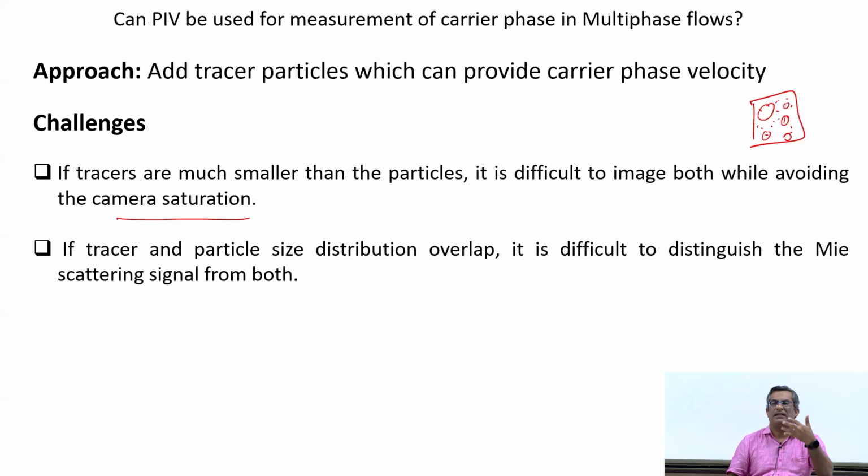Each camera has some dynamic range. Let's say a 12-bit camera: the intensity values can range from 0 to 2 to the power of 12. If the light intensity goes beyond this, then the camera chip will be damaged. That is called camera saturation. We should always avoid camera saturation whenever we use any camera. So this is a problem.